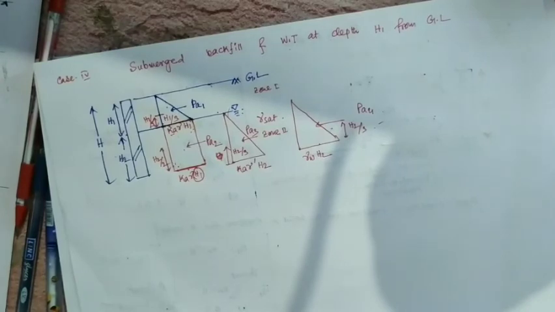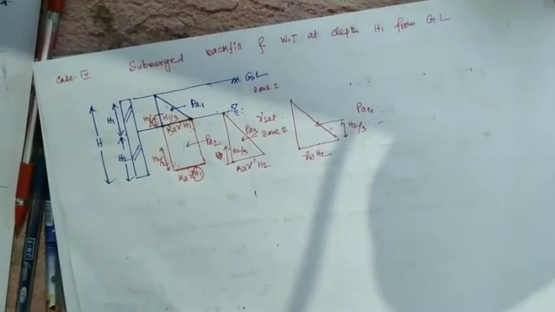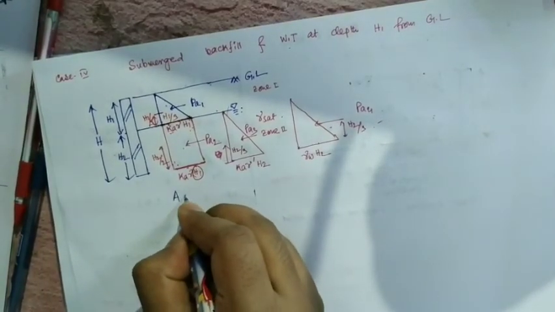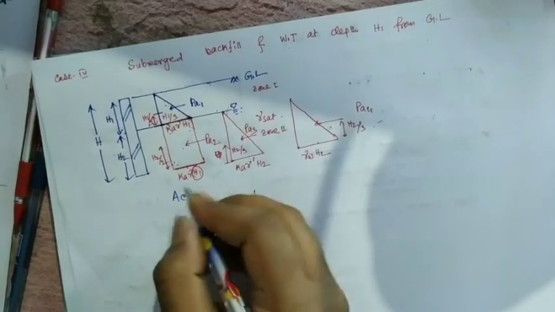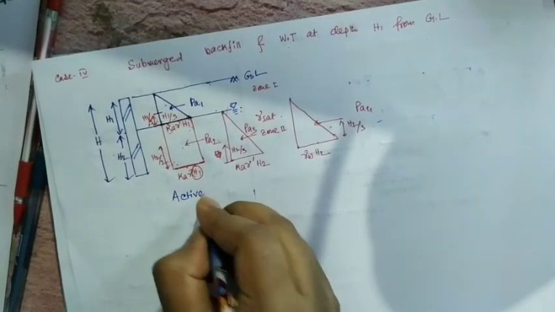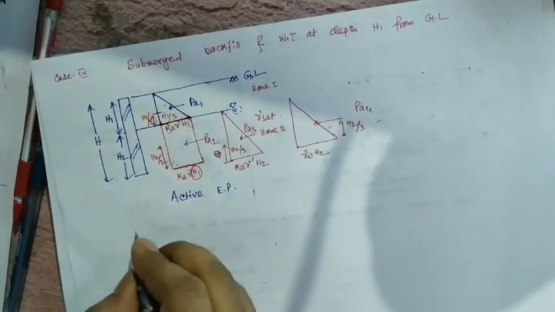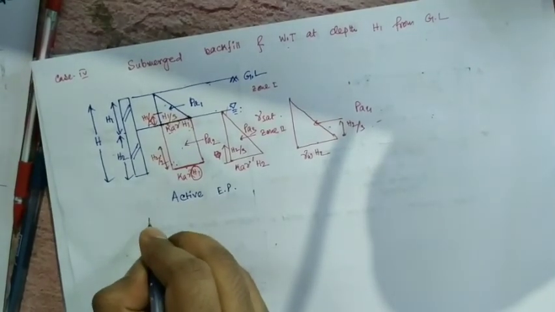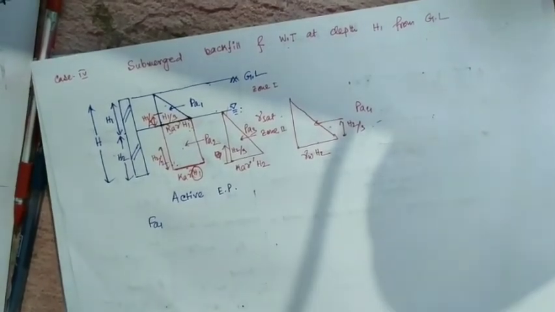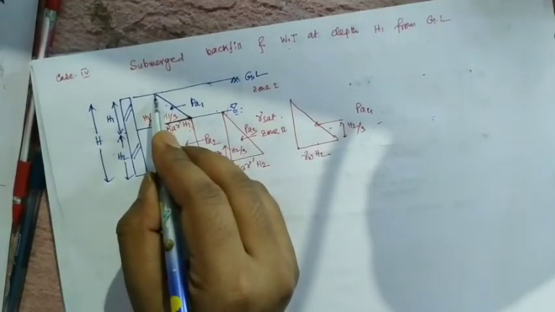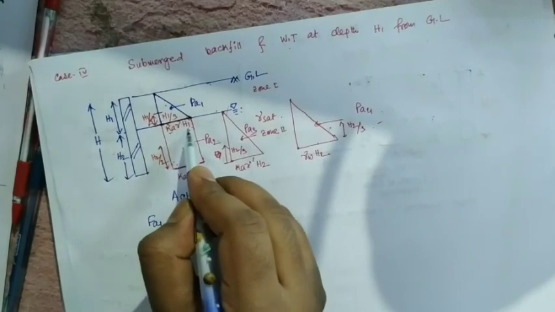Now, what will be the thrust? We got the pressure, so what will be the thrust? I am talking about the active case, active earth pressure. Thrust, that means FA1, will be nothing but average pressure into area. At top it was 0, at bottom Ka gamma H1.